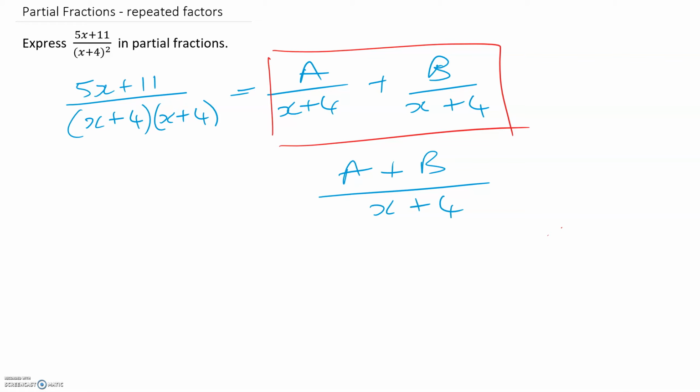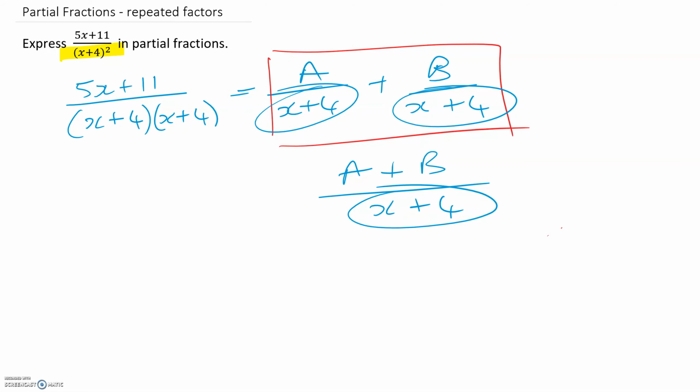You see, there's no reason to square this or square this, so it doesn't work. It doesn't work splitting the fractions up into these two denominators, because you get a denominator of x plus 4, whereas we want a denominator of x plus 4 all squared. So we need to do something about that.